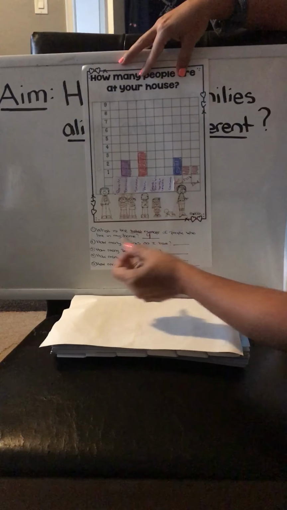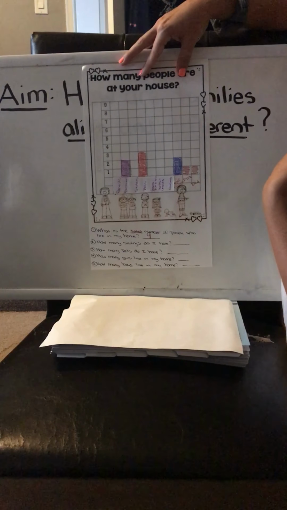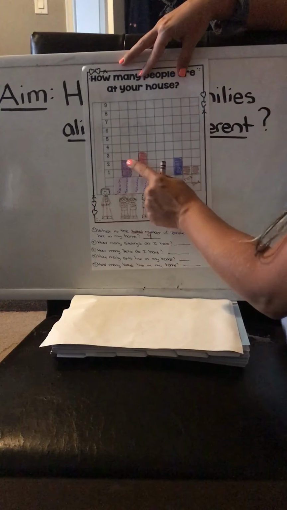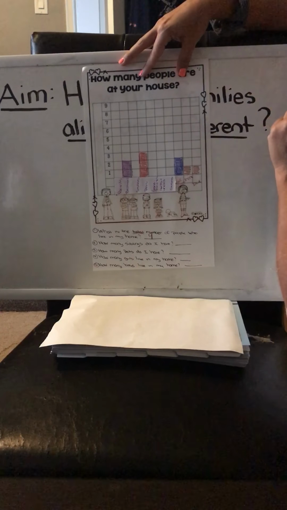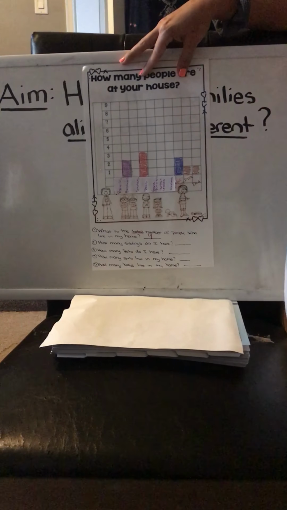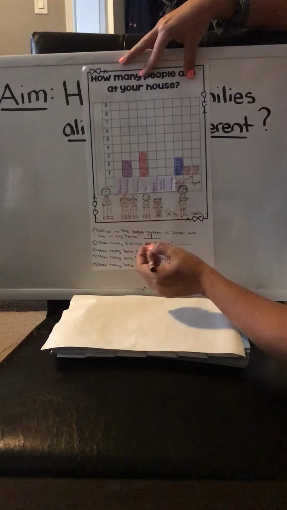Now, how many siblings do I have living in my home? Let me see. Siblings. Well, I have 2 brothers living in my home, but I have no sisters. So boys and girls, how many siblings? We said siblings were either brothers or sisters, right? So how many siblings do I have? Very good.